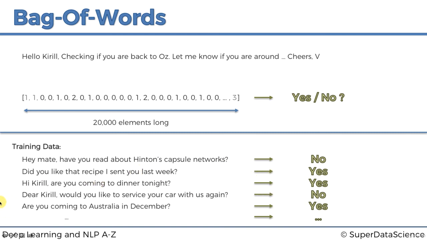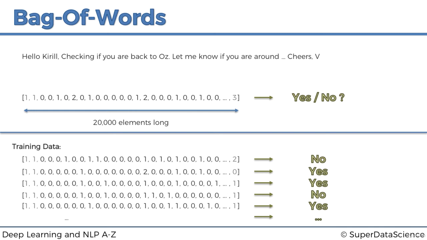So how would we use this training data? We would use a similar principle and convert each one of those emails to a vector. And again, each vector would be 20,000 elements long. I just threw some numbers in here to get the point across. It's not exactly accurate, but we have these vectors, lots and lots of vectors, lots and lots of responses, yes and no.